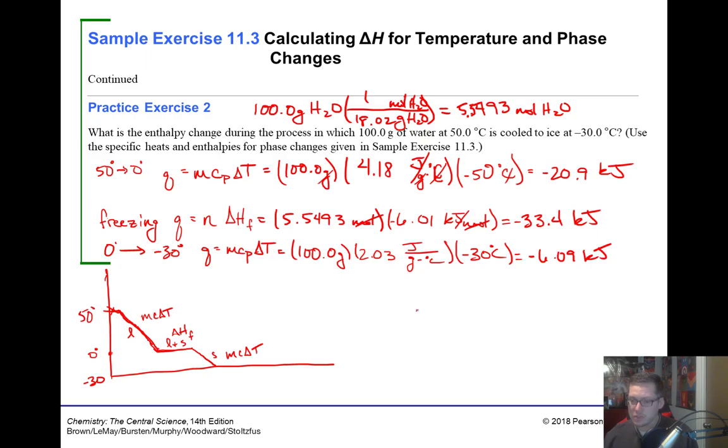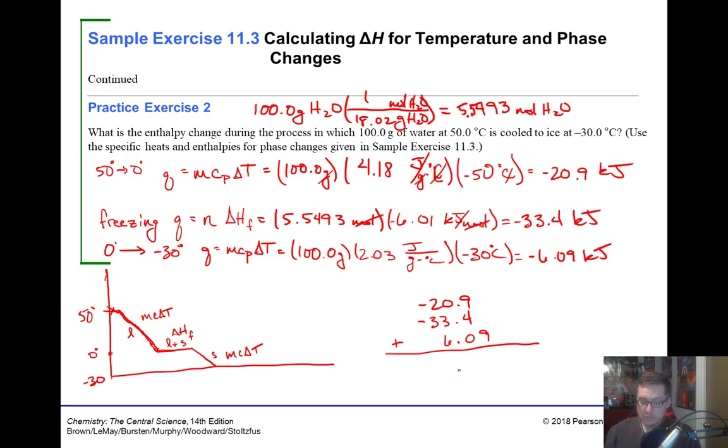So the total change would be negative 20.9 plus negative 33.4 plus negative 6.09. It looks like we're going to have to round to the tenths place.